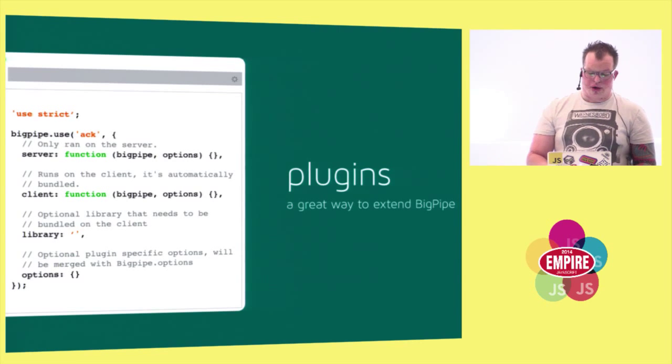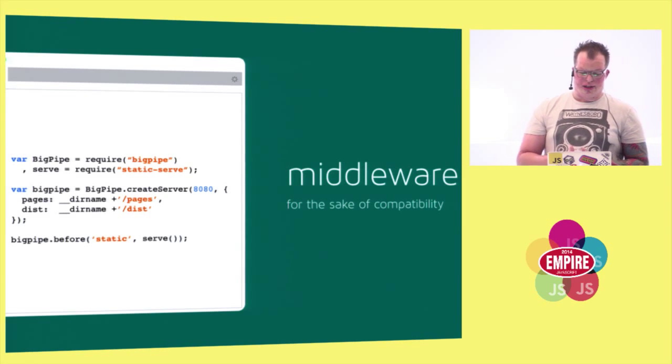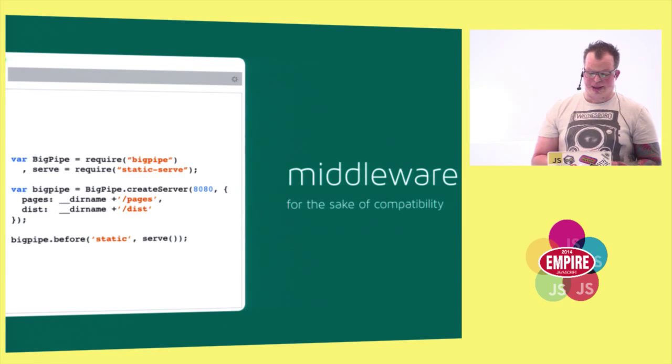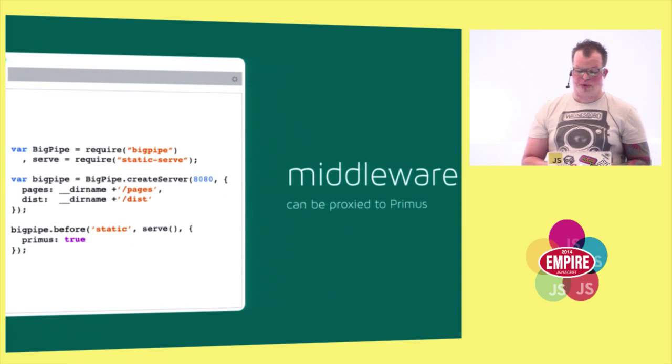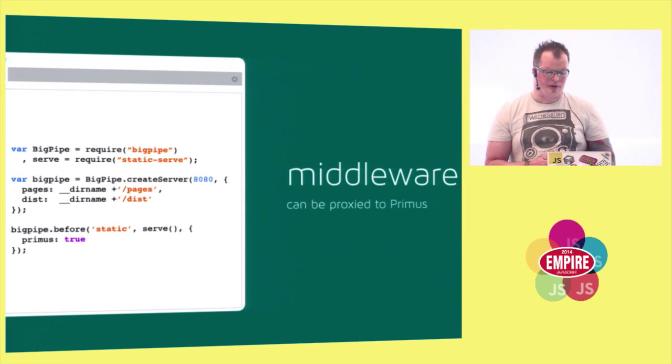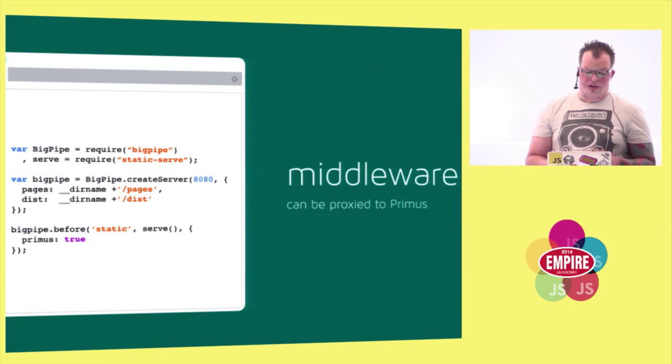In addition to plugins, we also have support for middleware, because what is a framework without middleware? I mean, there are so many middleware modules, why not just take advantage of that? And all these middleware layers can also be proxied directly into Primus. So if you have a session module, for example, and you need to use the real-time connection as well, you can just enable it for Primus, and it will be automatically appended there.